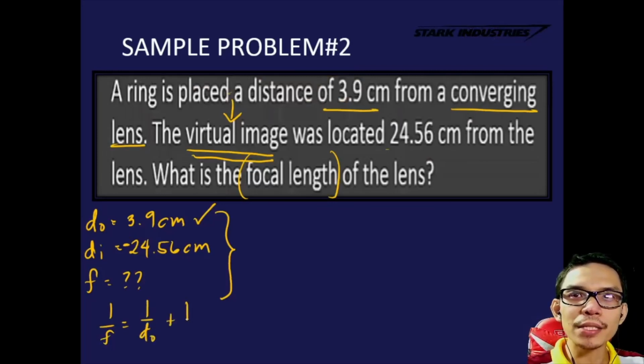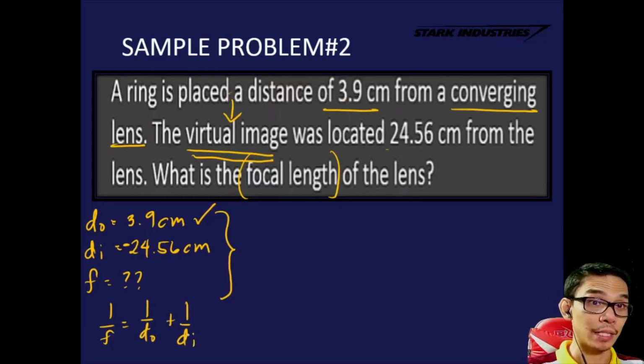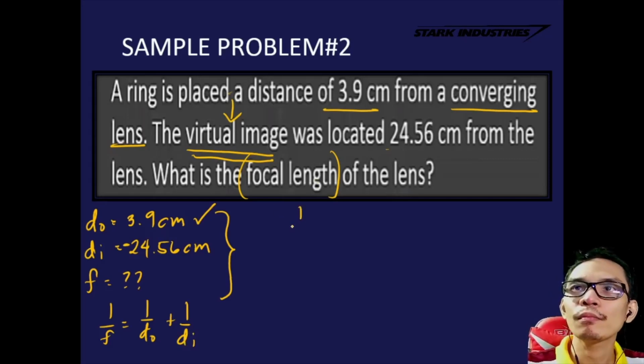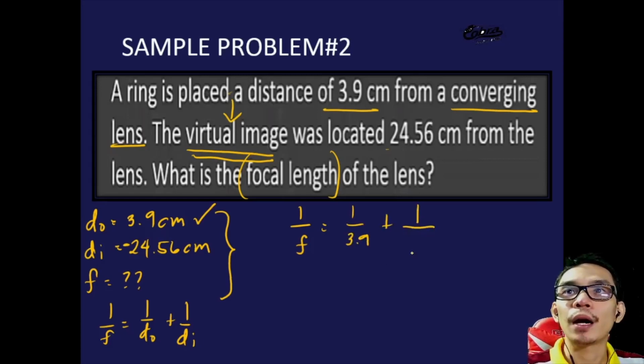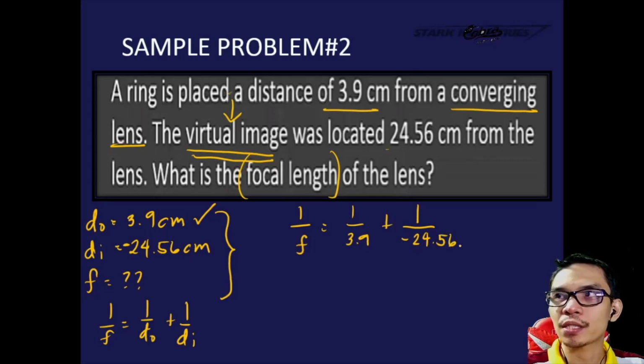Now again, we are going to use the same formula: 1 over F equals 1 over D sub O plus 1 over D sub I. Then let's substitute. 1 over F is equal to 1 over 3.9 plus 1 over negative 24.56.